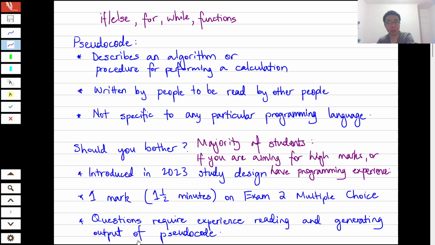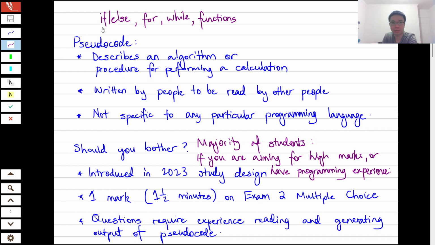You don't need to learn those programming languages. All you need to do is learn to describe a calculation or an algorithm using certain keywords that you will have seen if you've already taken a class in digital technologies or programming.